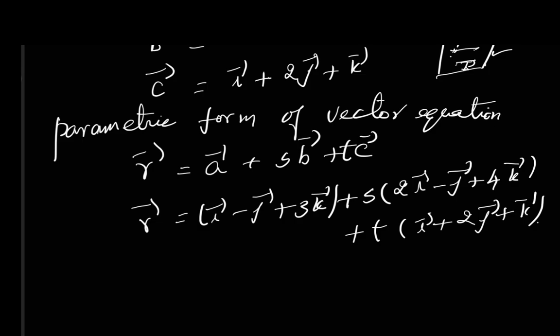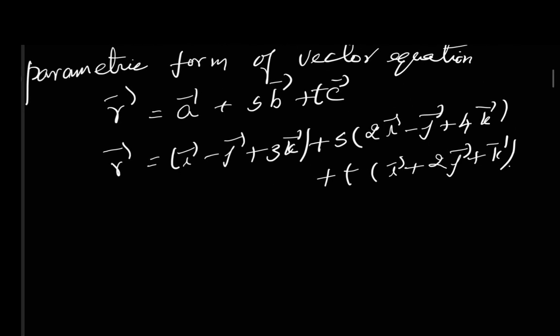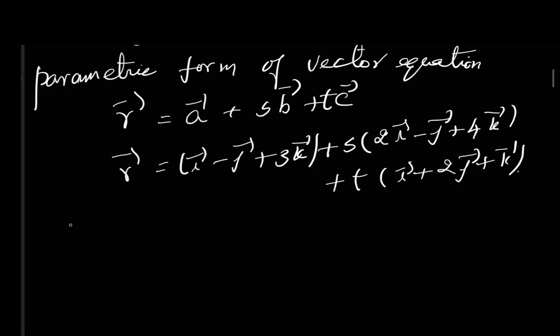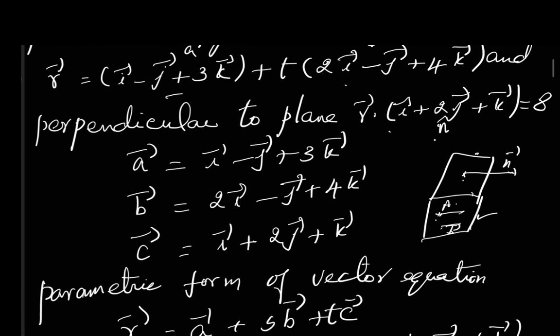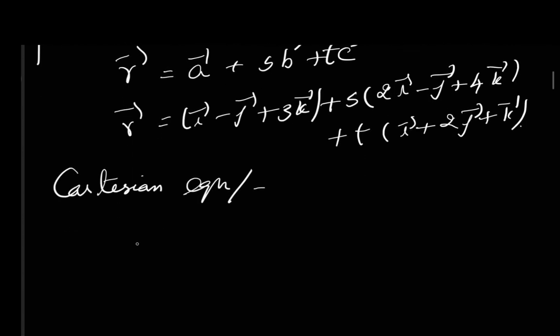That is the first question. Second question, you have to represent in the Cartesian form, the Cartesian equation also we can say. So the point vector A, we take it as x1, y1, z1. That is 1, minus 1, 3.